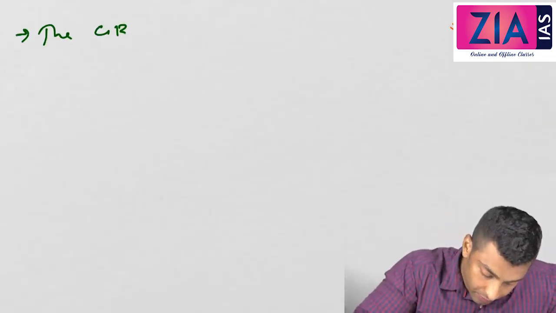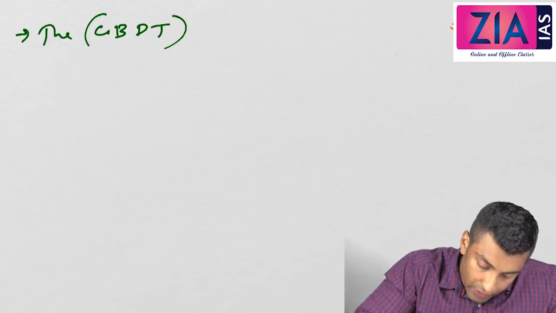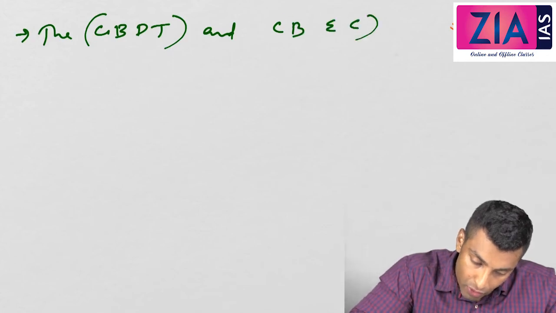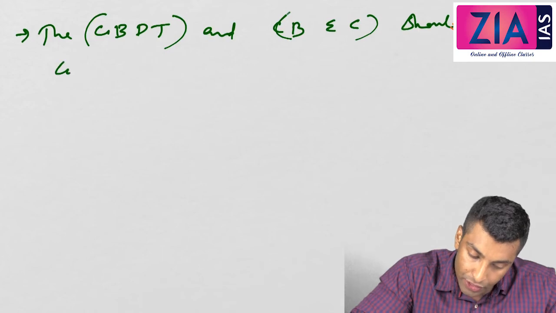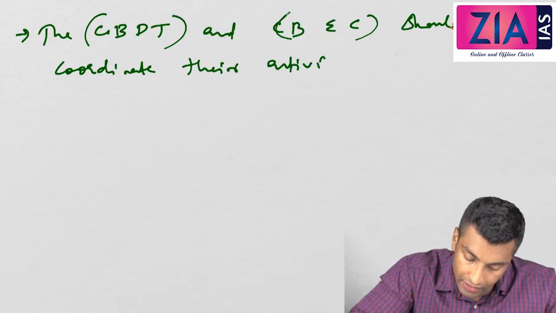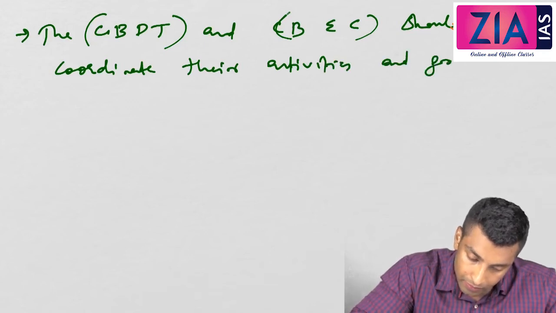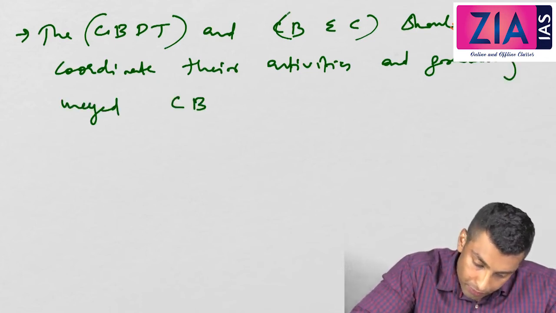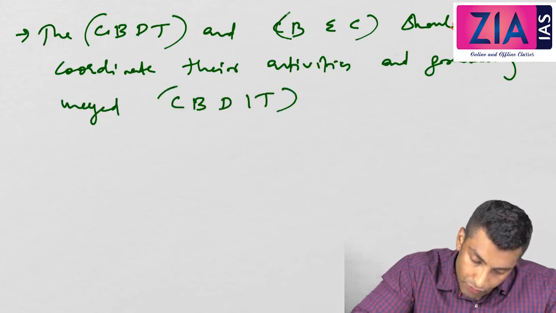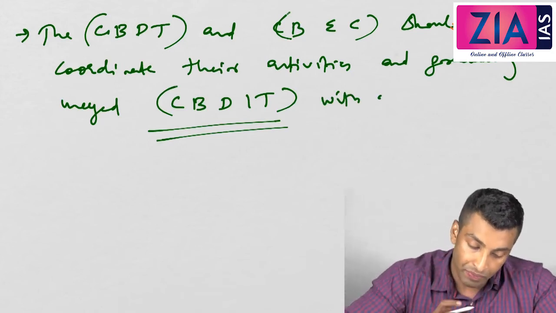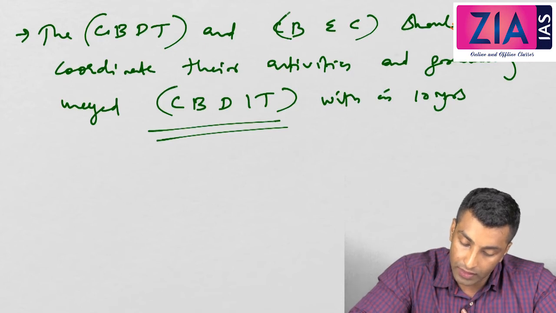The Central Board of Direct Taxes, I'm just writing CBDT, and the Central Board of Excise and Customs should coordinate their activities and gradually be merged into the Central Board of Direct and Indirect Taxes within 10 years.